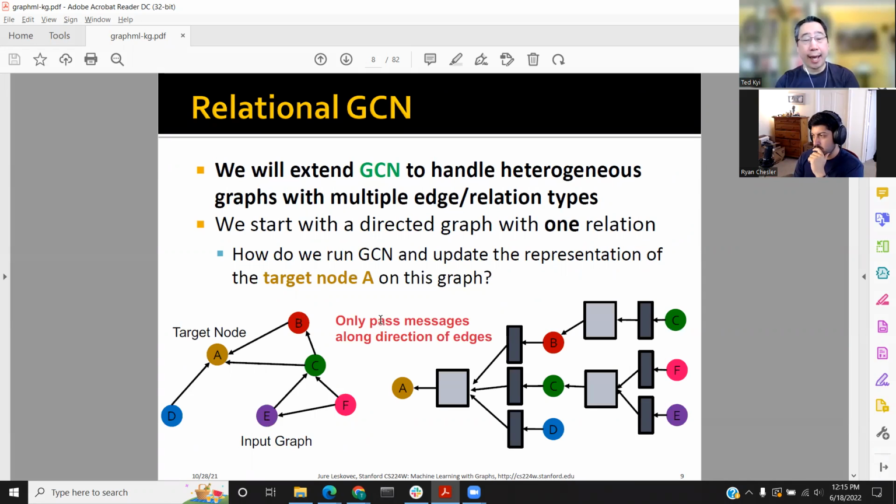And so for node A, it has inward coming edges from B, C, and D. And so we're going to take information from B, C, and D, from that local neighborhood. But we know that if there's a second layer, each of those nodes, so in particular B and C, could be taking in information from their neighbors.